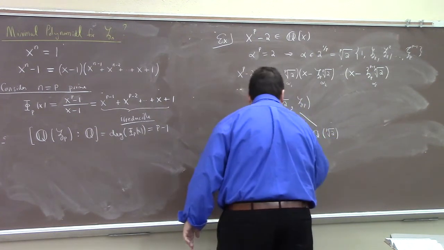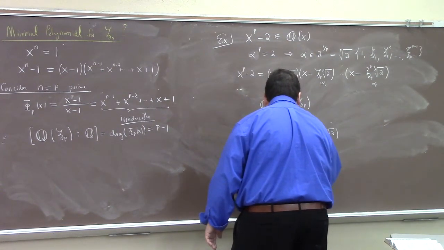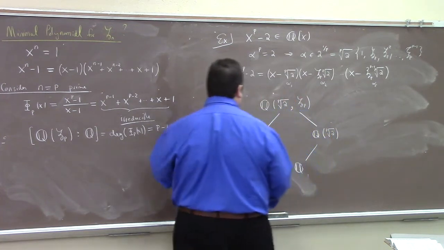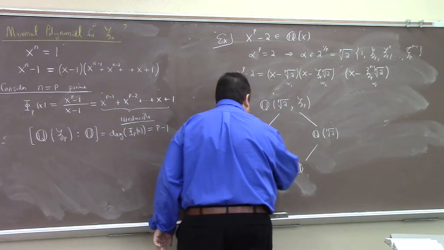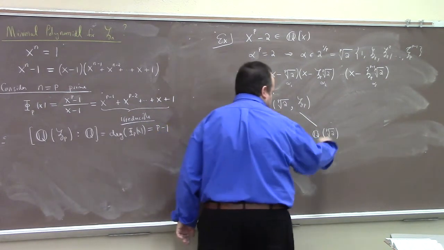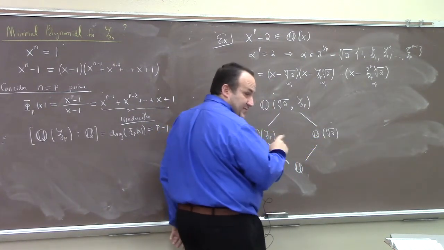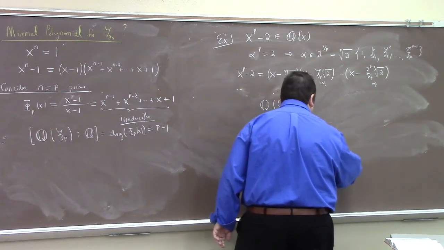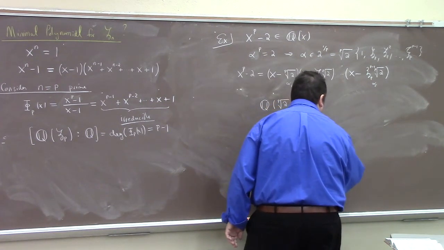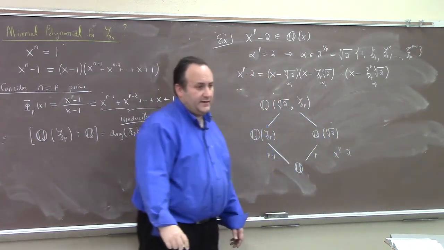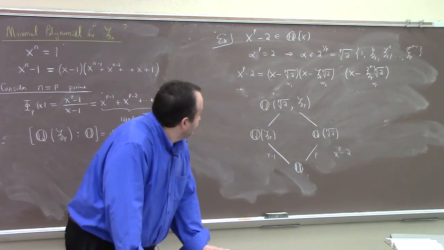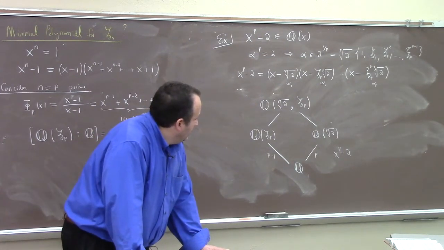These are both over Q. The degree of zeta p over Q is p minus 1, we just worked that out. The degree of the pth root of 2 over Q is p, because x to the p minus 2 is irreducible. And the total is p squared minus p. What goes at the top then?